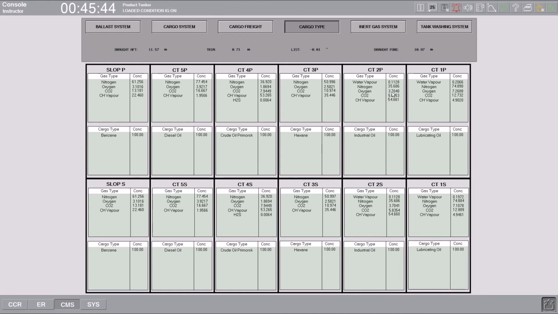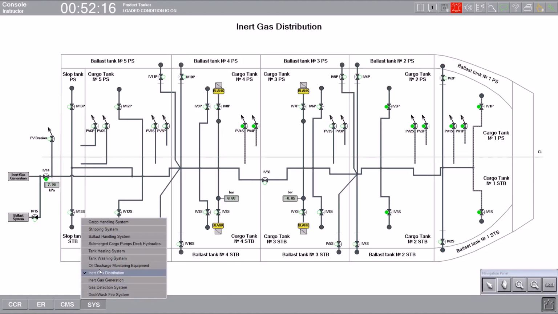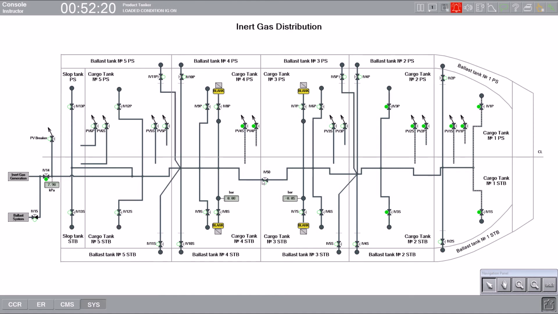So now the oxygen is increased, and before it reaches 8%, we have to stop the discharging immediately. Otherwise that is a big violation of procedure. So now we open the valve again.